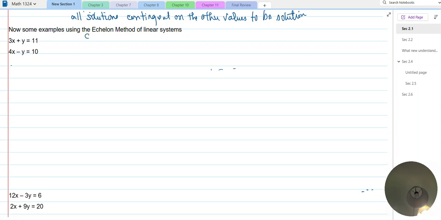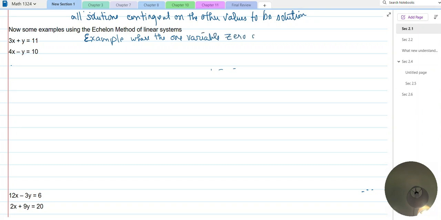Now this is an example where one variable zeroes out.